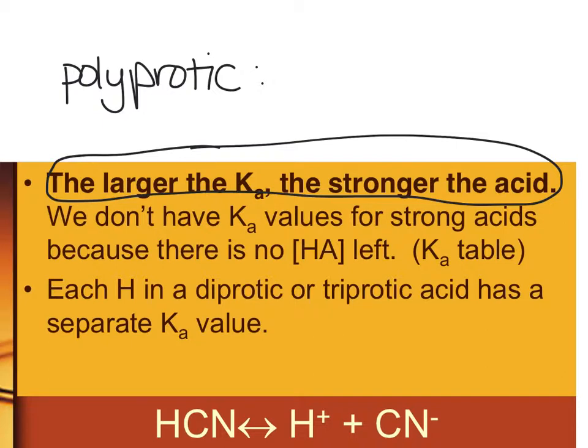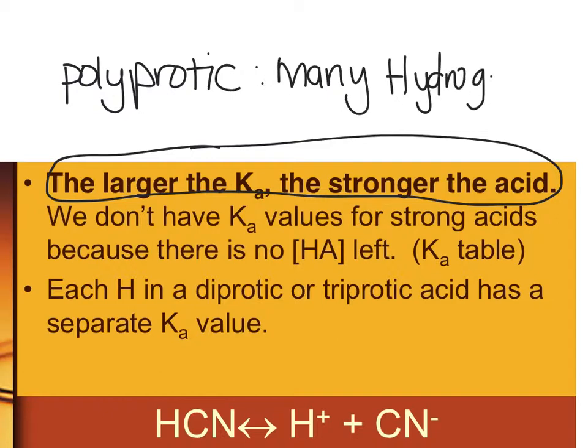All right, polyprotic. What does poly mean? Many. And what does protic sound like? Protons. Okay, so what this means is many hydrogens. We call hydrogens that are moving in an acid-base thing protons. So if we have polyprotic acids, that would be something like H3PO4.